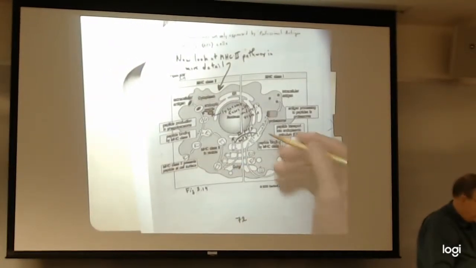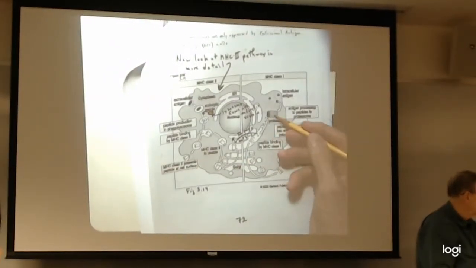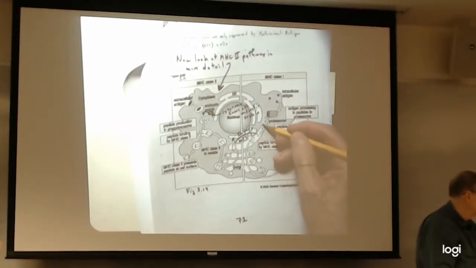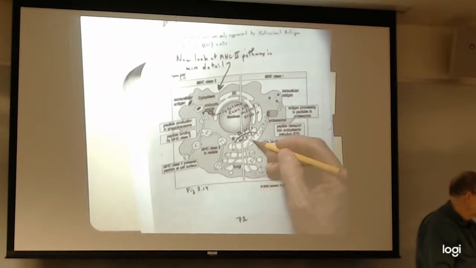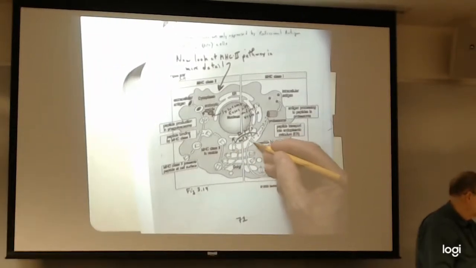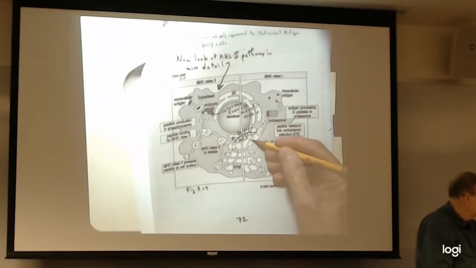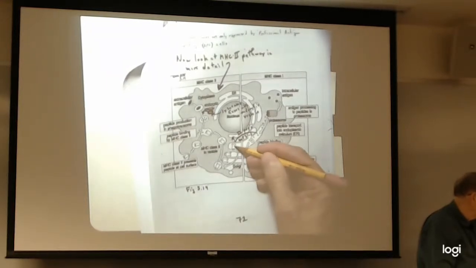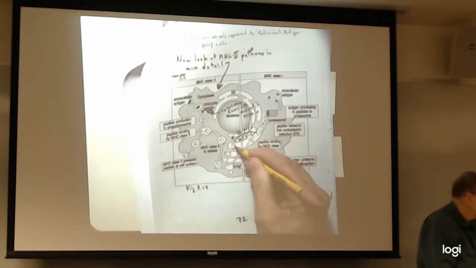Now, how come these peptides, which are being brought from cytosolic proteins, are being brought into the lumen of the ER? In the lumen of the ER, we have the domain of the MHC1 molecules that binds peptides. But we also have the domain of the class 2 molecules, the peptide binding domain of the class 2 molecules.